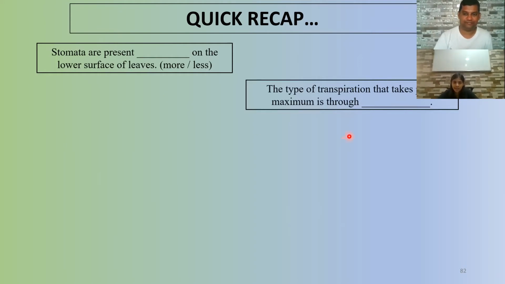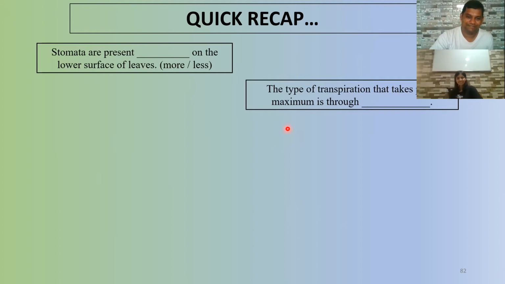The type of transpiration that takes place maximum is through which one? I'll give you options: cuticle, lenticel, stomata.